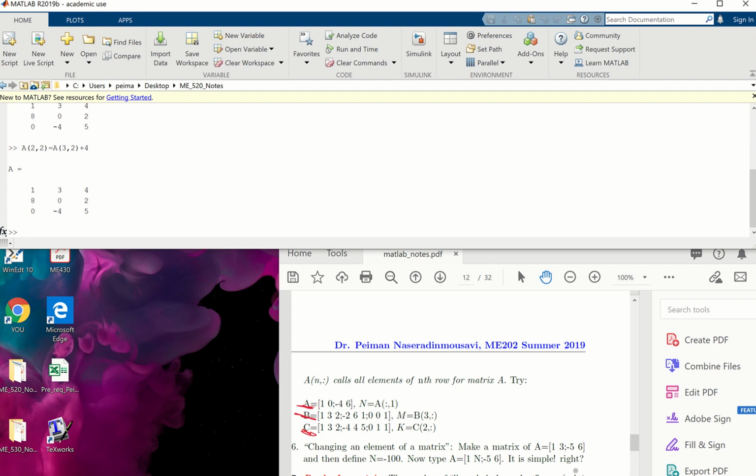Another one, let me show you: I'm going to change 0 to 100, and the result, 5 plus 100, is going to be 105. So you can manipulate a matrix's elements by finding the elements of a matrix.